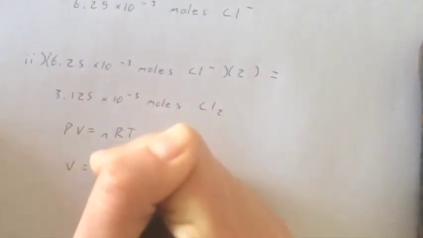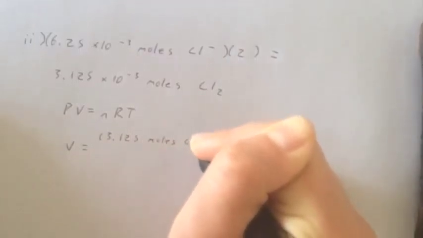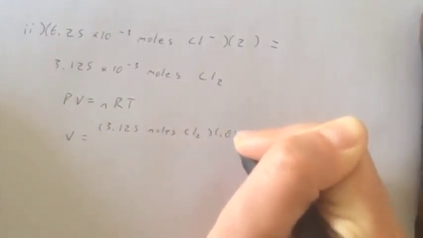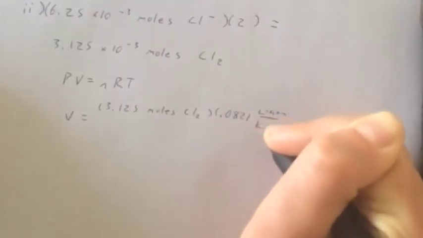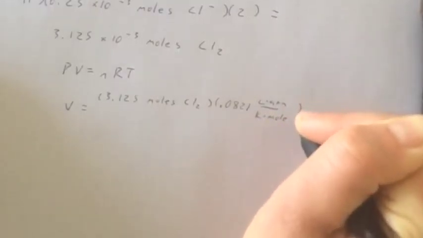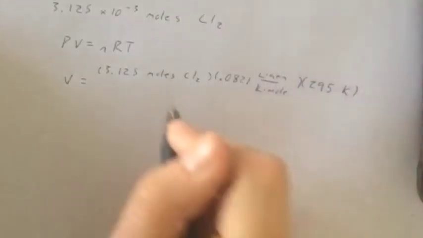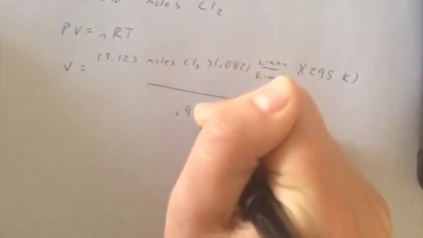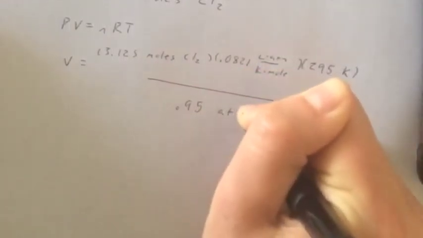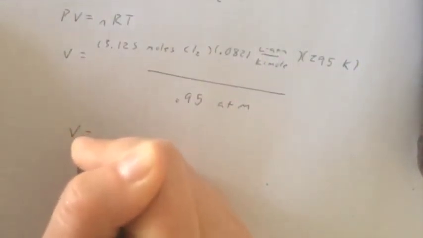So when solving for volume, you say 3.125 times 10 to the negative 3 moles of chlorine gas times 0.0821 liter atmosphere over Kelvin mole times 295 Kelvin, all over 0.95 ATM. And when you use those numbers, you get volume equals 0.0797 liters.